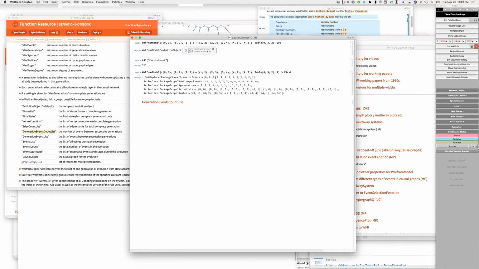Well, we need to find the first instance of each number in generations. We need to get the position of the first. No, we just need to get the position of every one. Look, we need to get position. Let's just look at the next level.